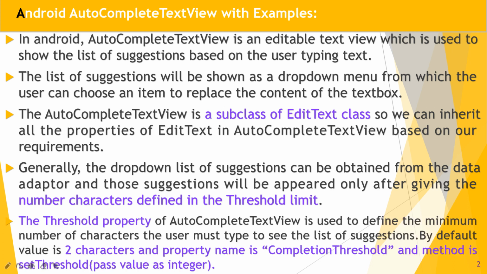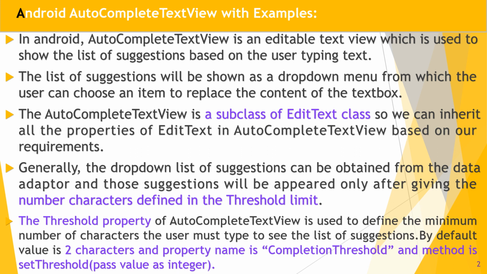The threshold property is used to define the minimum number of characters the user must type to see the list of suggestions. So if you want the list of suggestions, how many characters do we have to type beforehand? That is the threshold property.